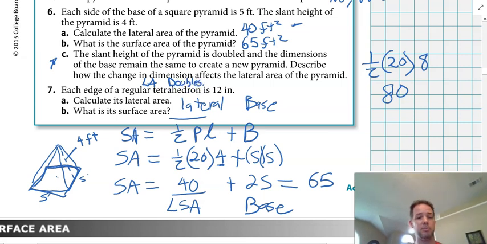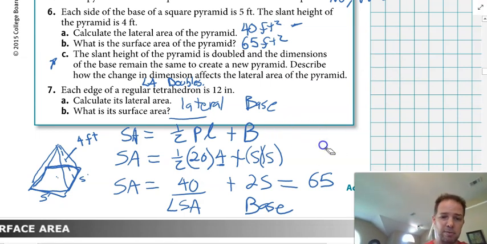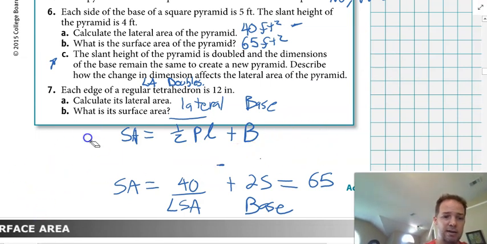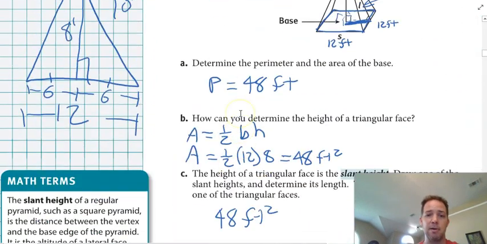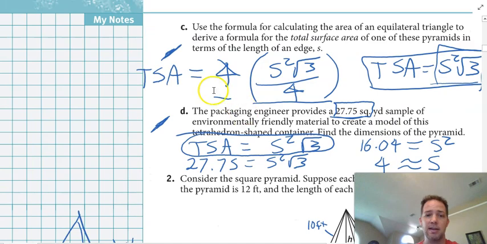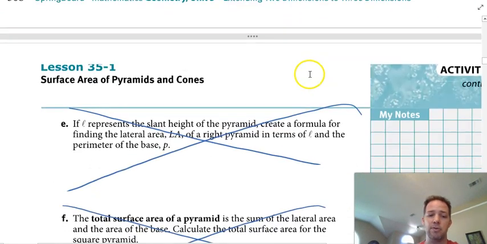Let's do another problem. We'll start with the formula and then plug in pieces. We might be able to use that shortcut that we had for the last one. Okay, for number 7, we have a regular tetrahedron. We're using the edge. We could use this formula here, but we're going to get more practice with it. Let's see if we can use that shortcut formula that we came up with here that says the total surface area is just going to be side squared root 3.